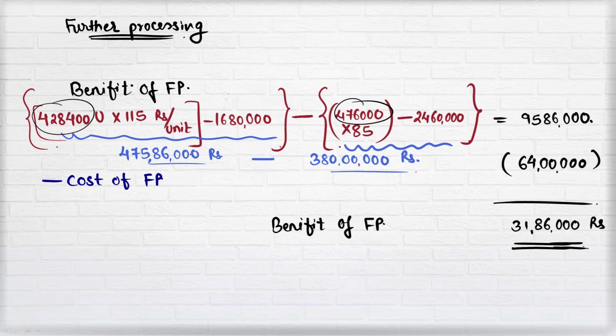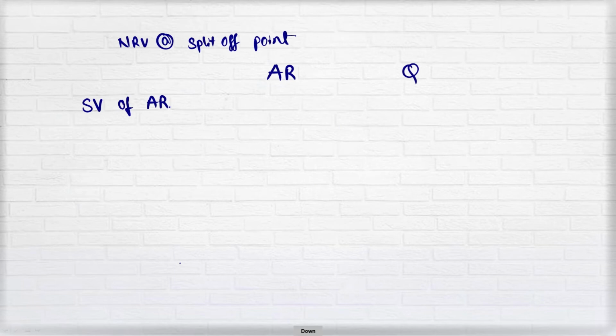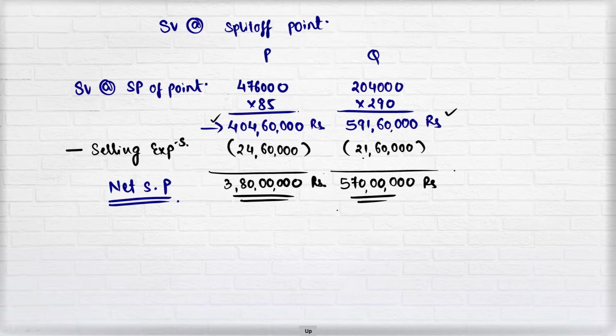It is selling price minus selling expenditure, right? It is gross or net? Net. So we have reduced the selling expenditure, yes. What is the sales value of Q? That also we have found out. Net 5 crore 70 lakhs.